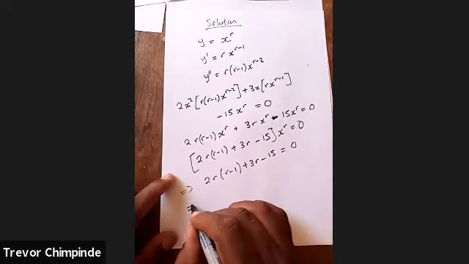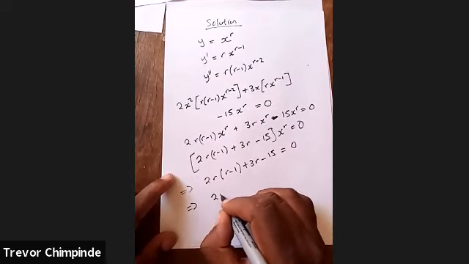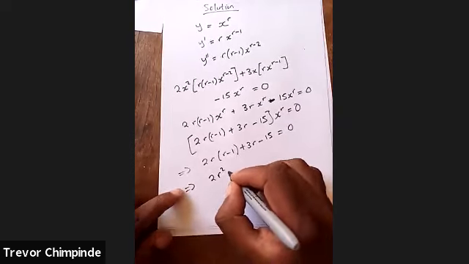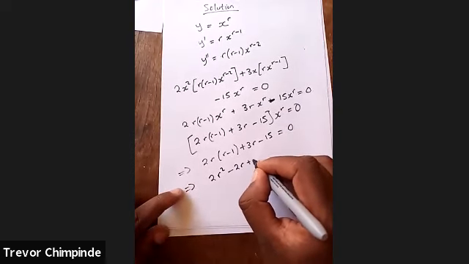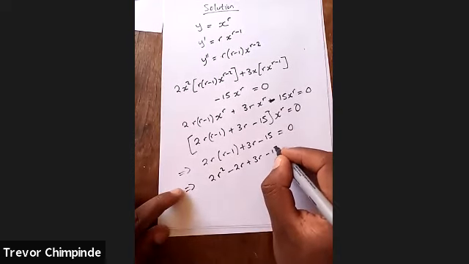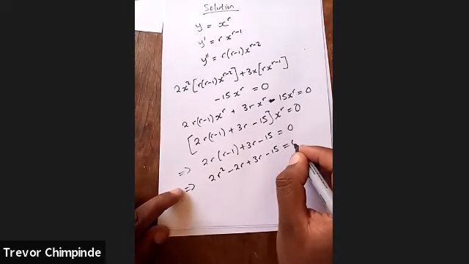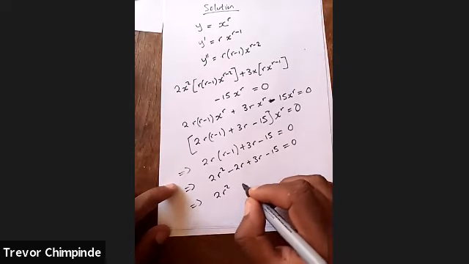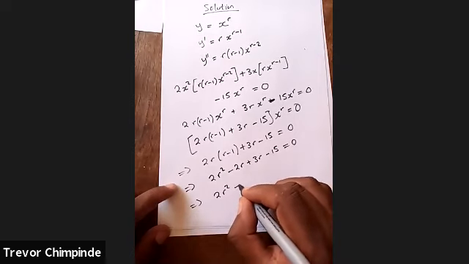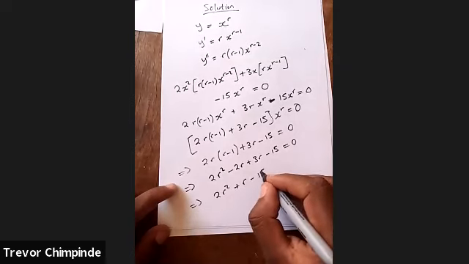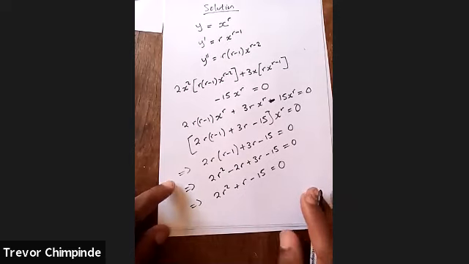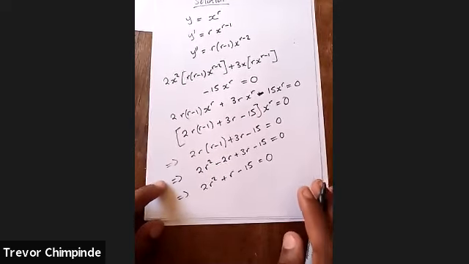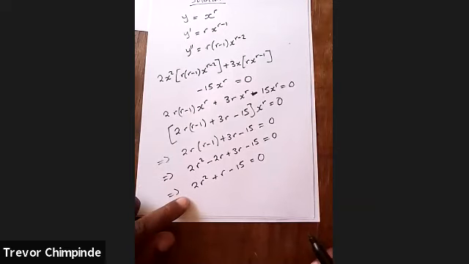Expanding, I get 2r squared minus 2r plus 3r minus 15 is equal to 0. So this is 2r squared plus r minus 15 is equal to 0. How do I solve quadratics? I have to factorize it. So how can I factorize this quadratic equation?